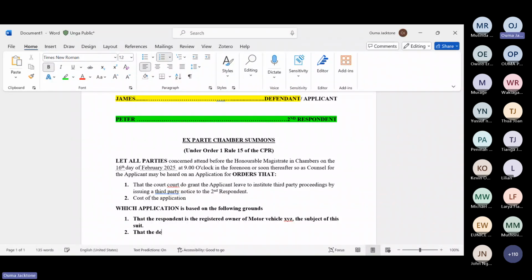This is where now you tell us what you're praying for. Is it indemnity or contribution? That the defendant claims full indemnity from the third party should the court find him liable to the plaintiff.